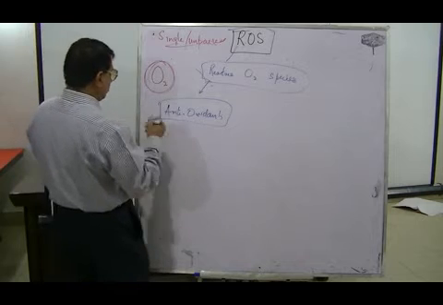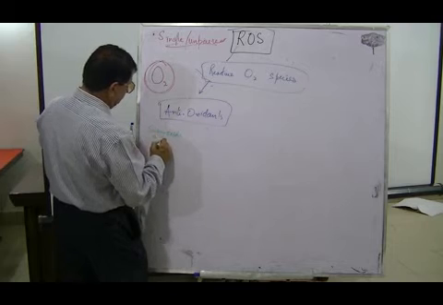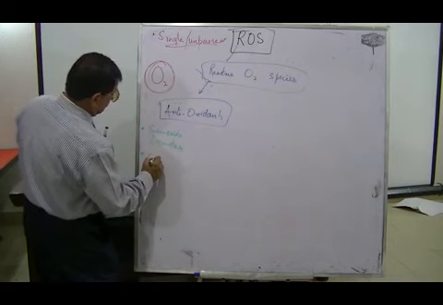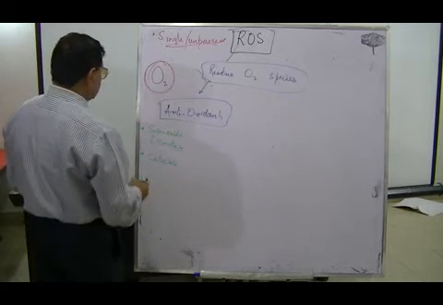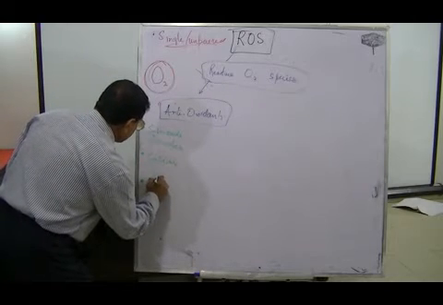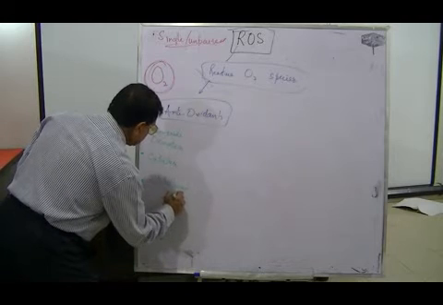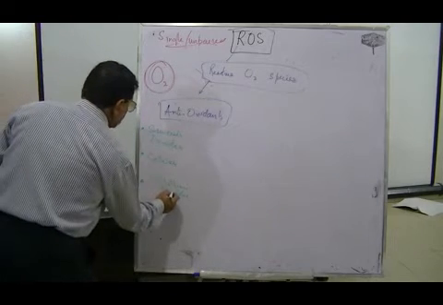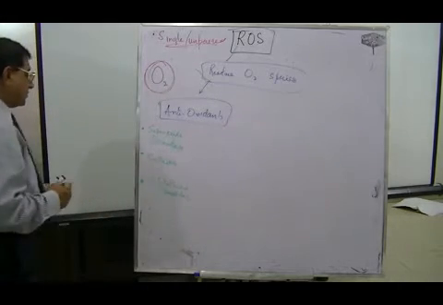The enzymes I've told you: superoxide dismutase, then you've got catalase, then you've got glutathione peroxidase.